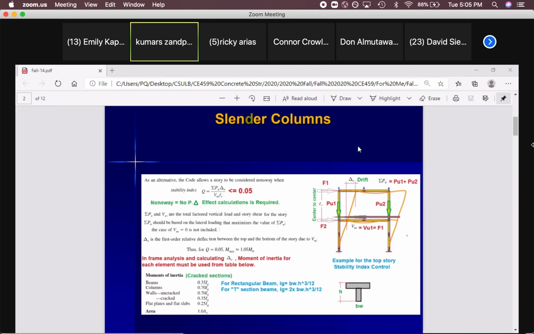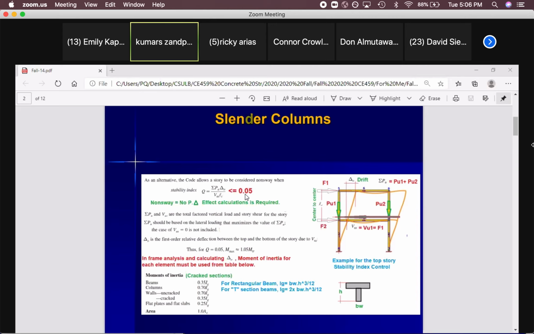In each case, you should check if that story is braced or non-braced, whether you have a shear wall or bracing or not. Find the sigma Pu, find the total shear and deflection, and Lc, from center to center, as I wrote here.